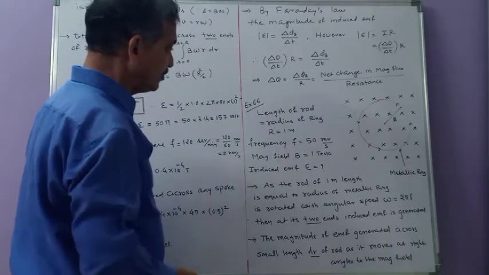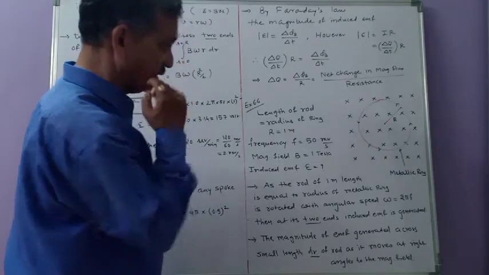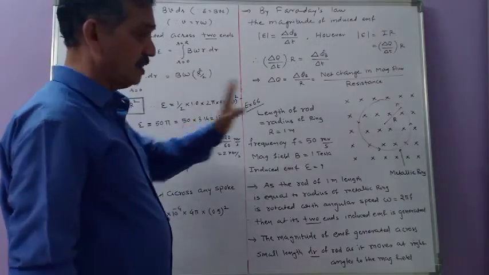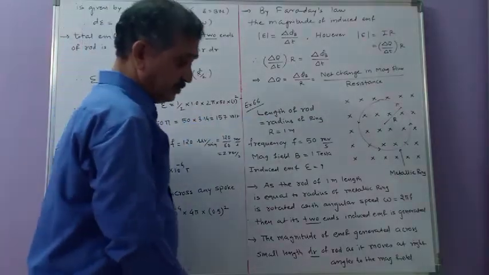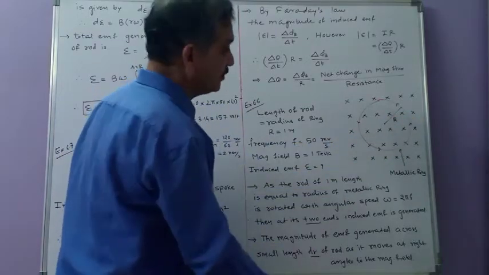Then we see example 6.6. Now in this example, what is given? You read from the textbook, as the diagram is there. These are magnetic field lines going inside, perpendicular to the plane of the ring.